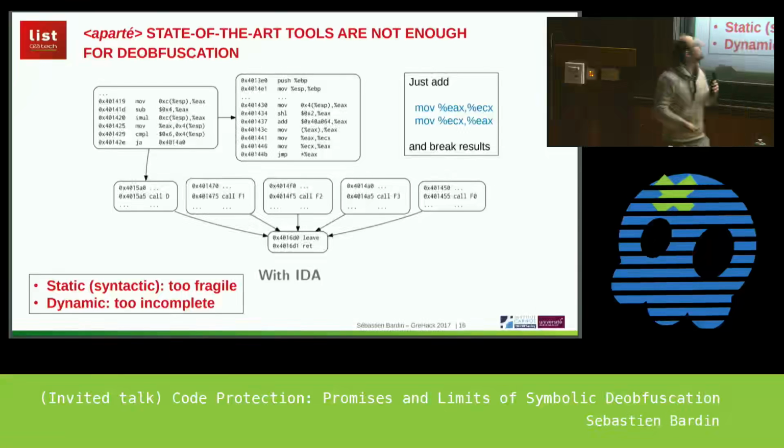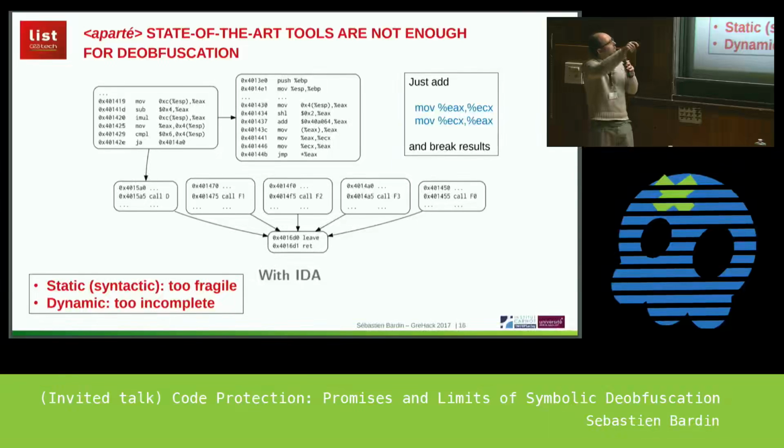Okay, and obviously most people here will know it, but if you use a standard disassembly tool, it just doesn't work with obfuscation. If you take IDA, normally IDA will just recognize that this is a switch, basically, that you can jump here, here, here, and here. Usually it does, but here we just add this. So this is a jump on EAX.